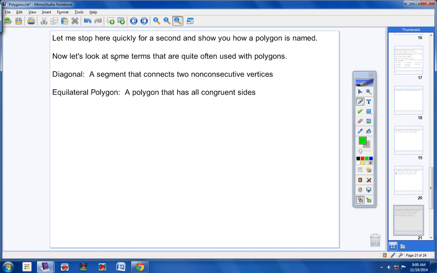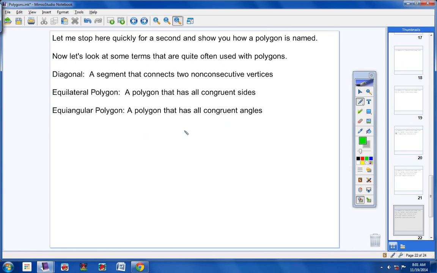Equilateral polygon, a polygon that has all congruent sides. Well, guys, that's it. I mean, if all of the sides have the same length, then it's an equilateral polygon. Pretty simple. Copy that down, please. If I'm going too fast, just have Miss Frampton or your supervising teacher pause the video, okay? Okay, equiangular polygon, a polygon that has all congruent angles, okay?